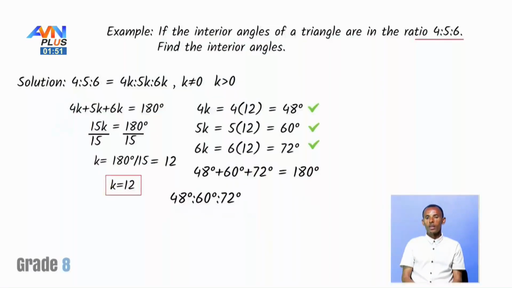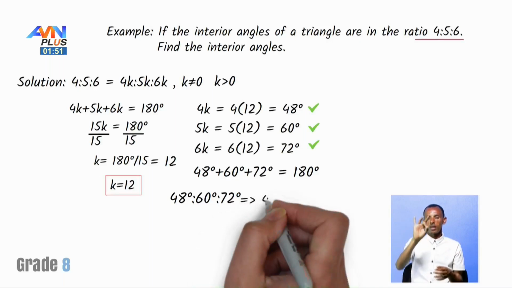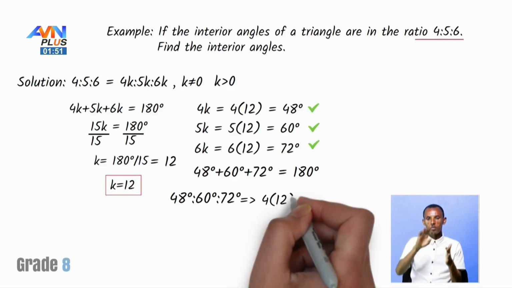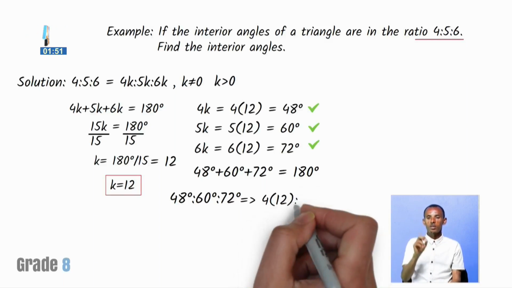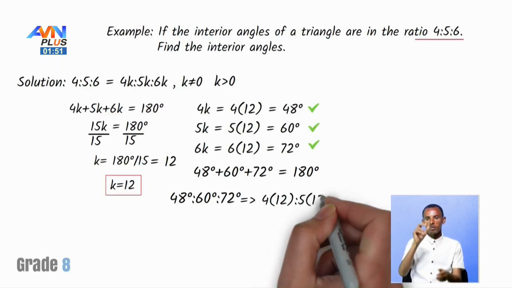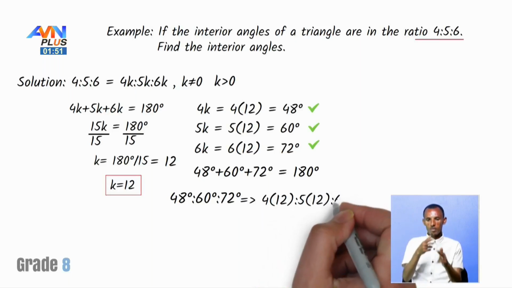So if you write this in the simplest form, 48 means 4 times 12, 60 means 5 times 12, and 72 is 6 times 12.